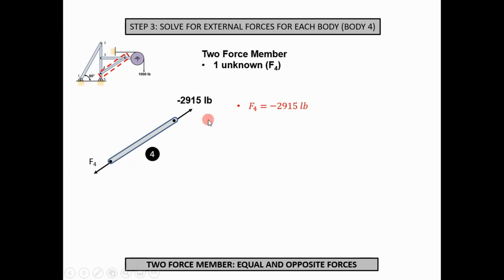And if you notice here, I got a negative value. What does that tell us? The negative value tells us that we need to flip the vector. So if we flip the vector, we can change the sign, and in reality, this member is in compression rather than tension. And that's all we would do.